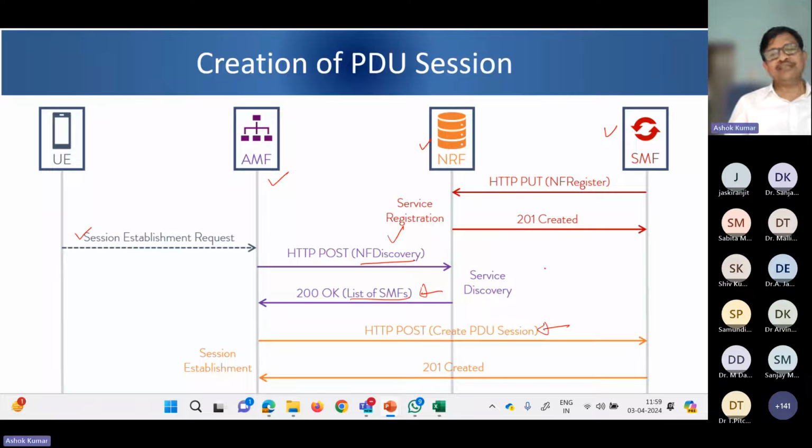Then SMF takes over and does all those activities internally with UPF, etc. and creates a PDU session. Once that is done, it informs AMF that the PDU session has been created. So this is the flow of creation of a PDU session in a very brief way. The details are also available in the standards, which are actually implemented, but this is just to understand.